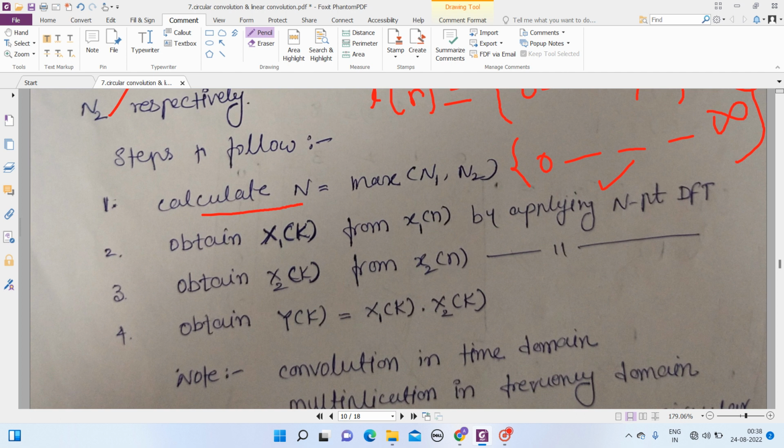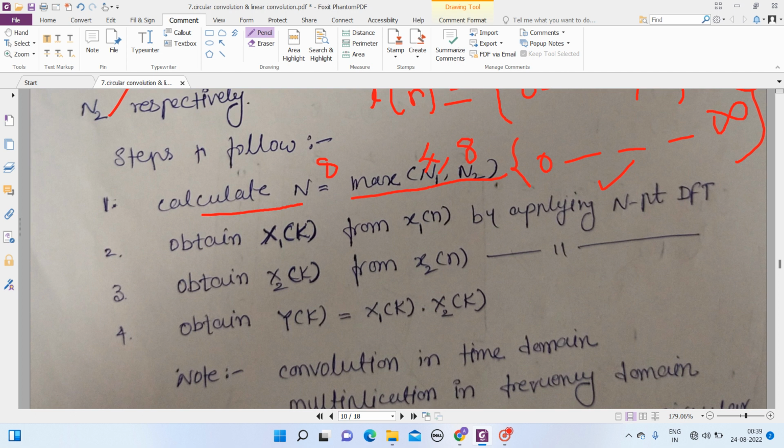Then we have to calculate the one sequence length using this condition: maximum of n1 comma n2. For example, the first sequence length is 4, the second sequence length is 8, so the maximum of 4 comma 8 is 8. Then we have to calculate the DFT and IDFT for the N point, the 8 point. So we have to calculate DFT for the 8 point and also IDFT for 8 point.